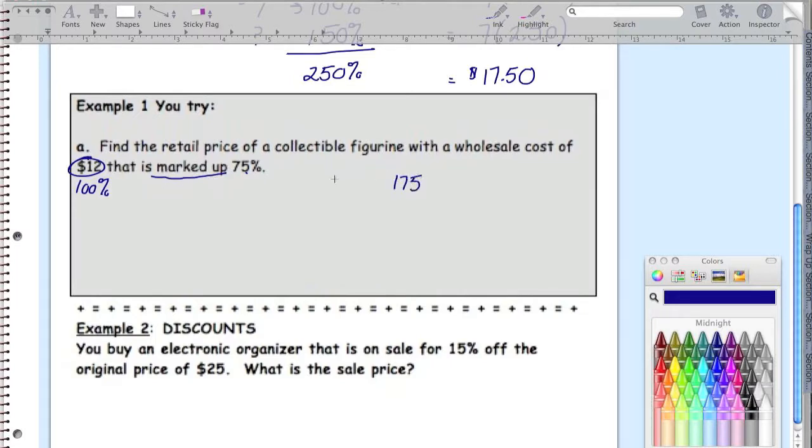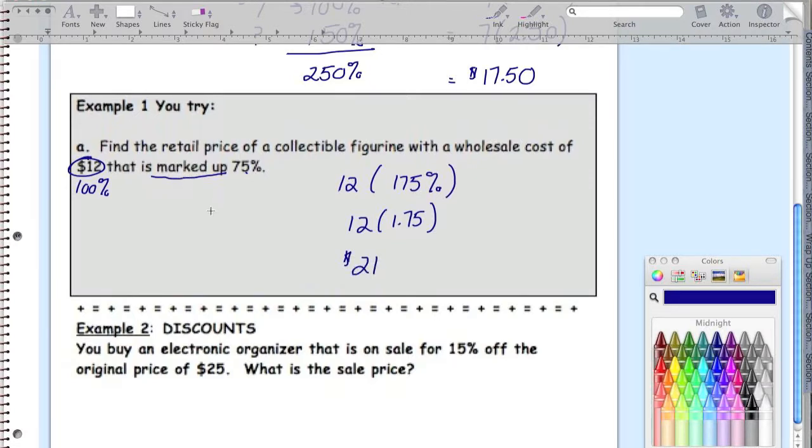So what we would do is we're going to take our original amount, 12, times the 175%. 12 times 1.75, excuse me, is going to come to $21. That's how much this figurine will cost in the end.